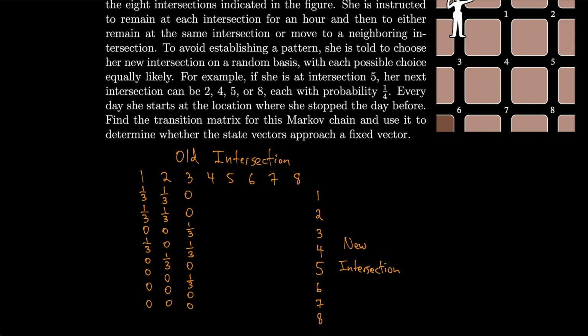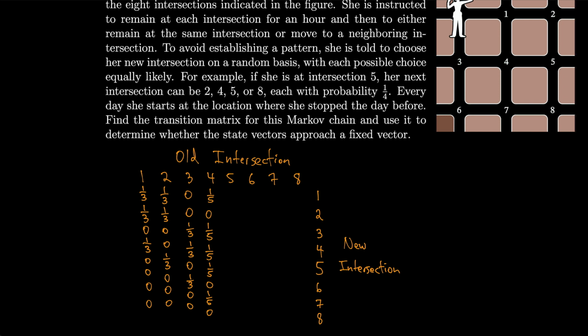Okay, next is 4. 4 could go a lot of different places. It looks like they could go to 1, 3, 5, or 7, or stay at 4. So there's 5 different possibilities, so each one has probability 1/5. So 1/5 that they go to 1, 0 possibility going to 2, 1/5 that they go to 3, 1/5 that she goes to 4, 1/5 at 5, and 0 possibility of 6, 1/5 of 7, and 0 possibility going to 8.